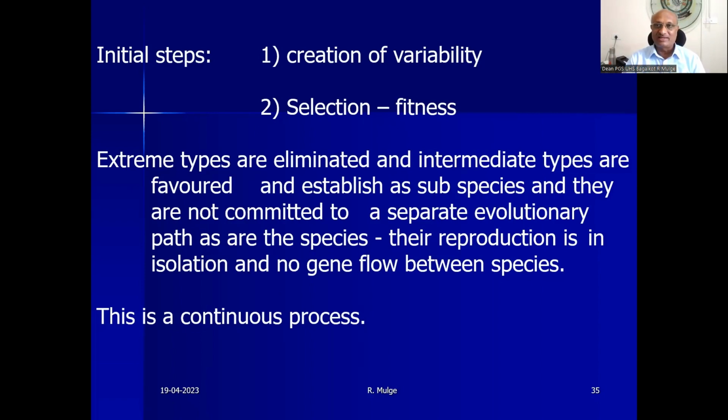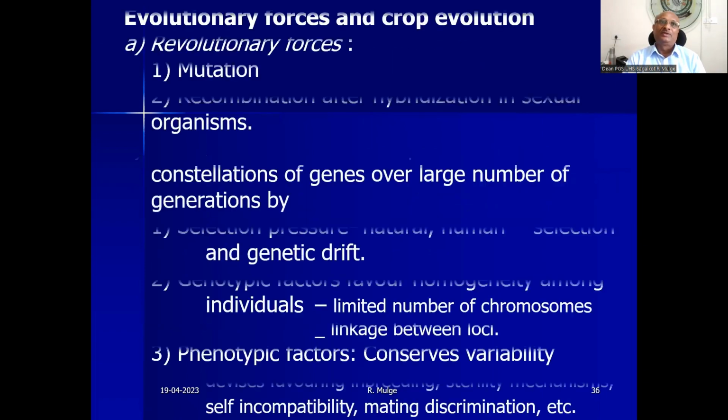Whatever parameter you are taking, the top you are saying, it may be associated with some other negative things, and they'll get eliminated. So intermediate types means there may be a majority of intermediate genes. The genes which have the potentiality to be intermediates will survive, they will exist, they will sustain and become a new species.